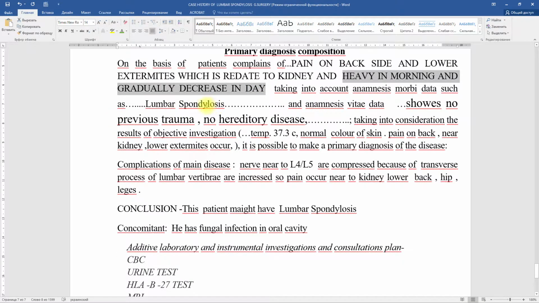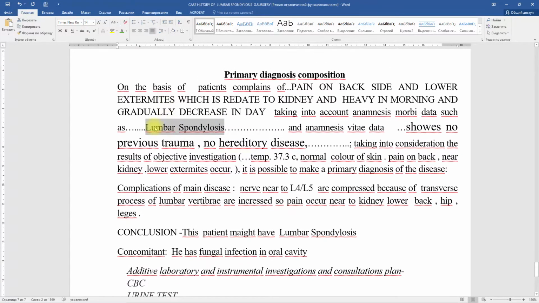Anamnesis. What are those dots for? I can't understand. Lumbar spondylosis. We don't know if he has lumbar spondylosis yet. We know that he has some pain in his back of unknown origin.